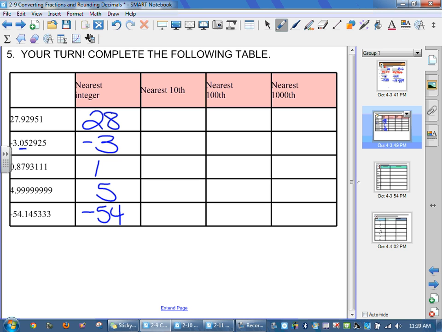Now let's look at the 10th place. Okay, we're going to look at the 10th for all of them. That means 10th means the first one, because we're looking at the bottom number would be a 10 with 1, 0, which means we're looking at the first decimal place. So what does that 2 make the 9 do? Nothing. It stays the same. So we have 27.9. Now listen carefully.